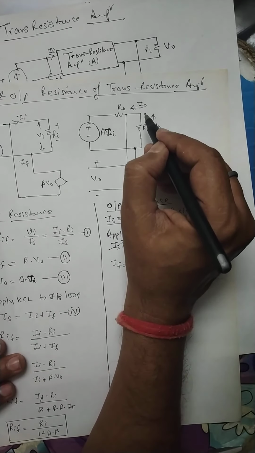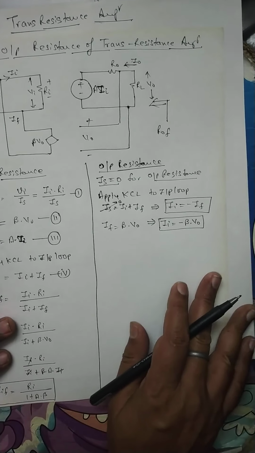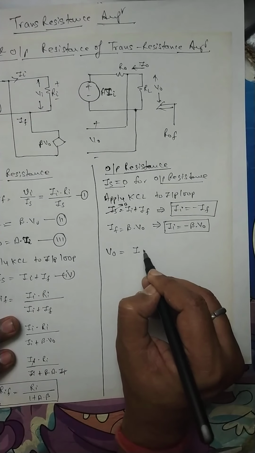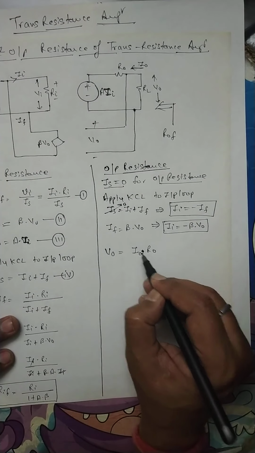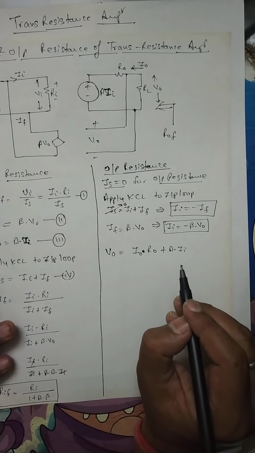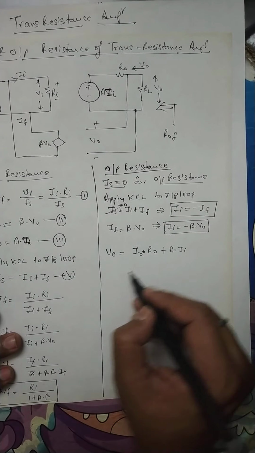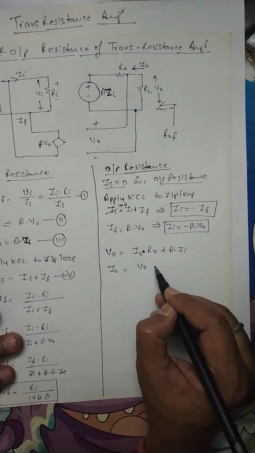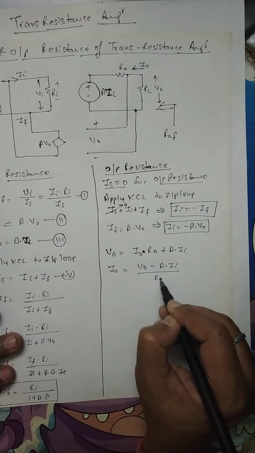Apply KVL to the output loop and calculate the output voltage. Just see what happens. V0 = I0 × R0 + A × Ii. And from here, if we calculate the value of I0, what will happen? I0 = (V0 - A × Ii) / R0.